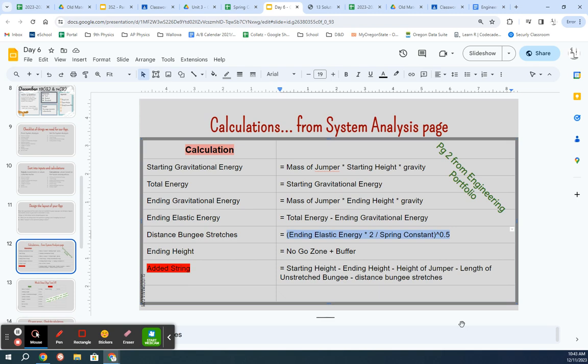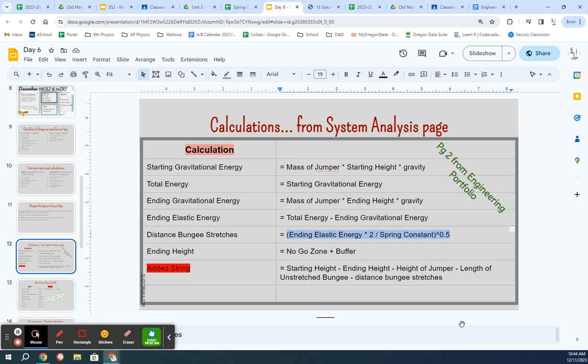If you raise all of that to the 0.5 power, which is the same thing as taking the square root, you'll get the distance the bungee stretches. Again, you don't need to know how to get there. You're just going to need to use that equation.